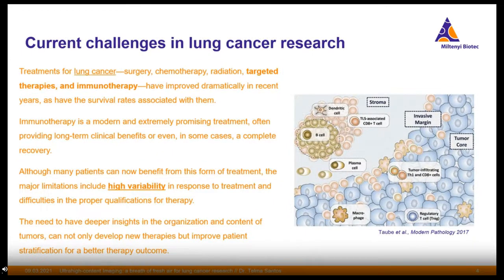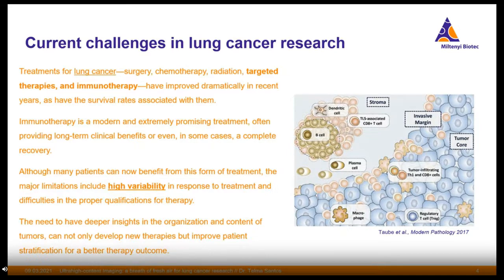The current treatments for lung cancer include surgery, chemotherapy, radiation, targeted therapies, and immunotherapy, and have improved a lot in the last few years. Immunotherapy is a quite exciting new kind of therapy because it uses your immune cells to fight the tumor cells. It is quite promising and often shows long-term clinical benefits, and even in some cases a complete recovery.